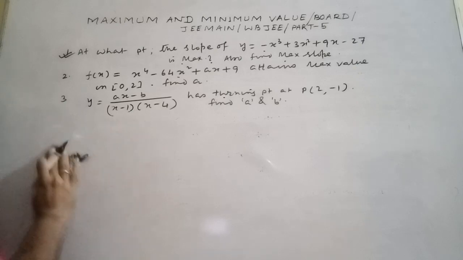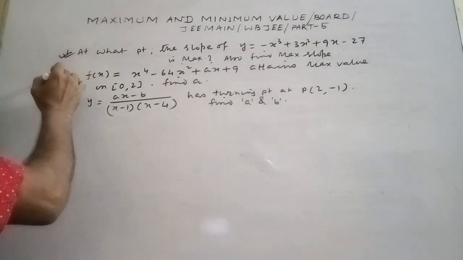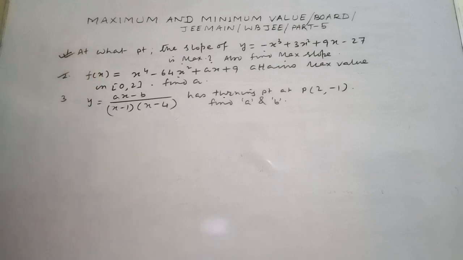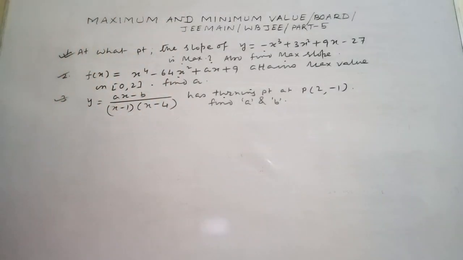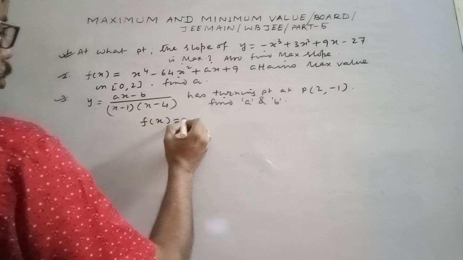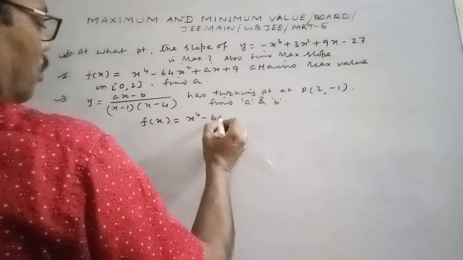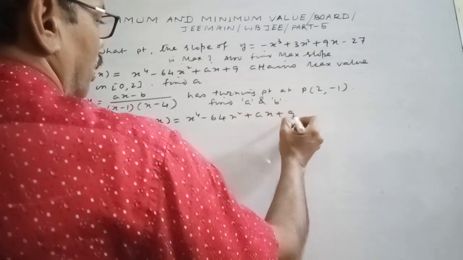Now problems number 2 and 3. They are of the same type. So f of x, problem number 2, equals x to the power 4 minus 64x square plus ax plus 9.